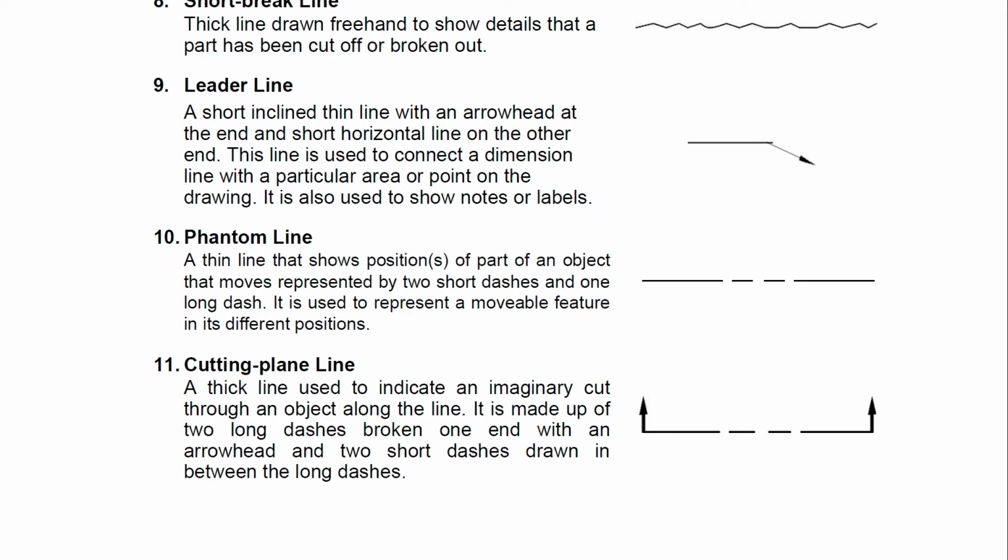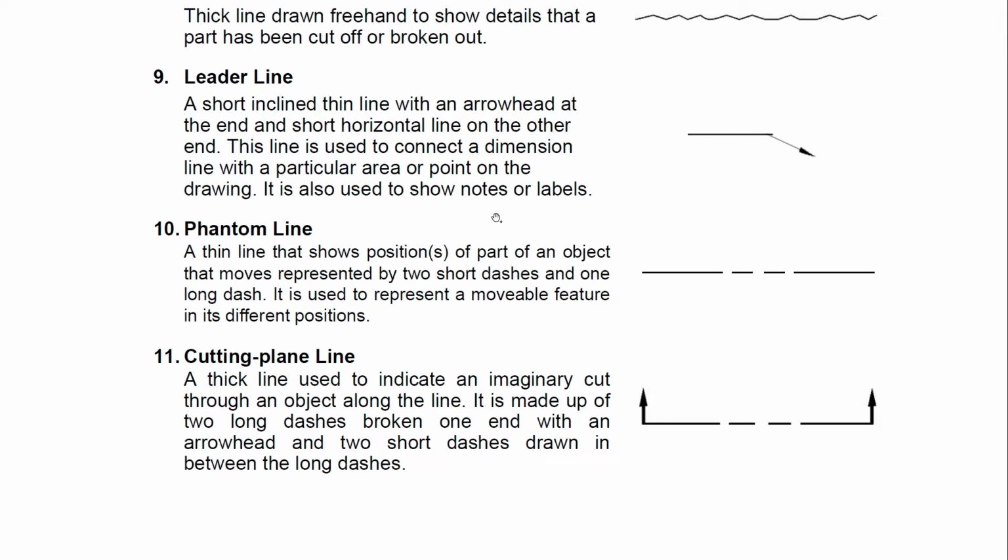Next, number 10 is the phantom line. So, phantom line is a thin line that shows positions of part of an object that move, represented by two short dashes and one long dash. So, it is used to represent a movable feature in its different positions. So, itong line na to, yung phantom line, para siyang yung center line kanina, pero ang kaibahan niya ay meron siya ditong dalawang short dashes sa gitna.